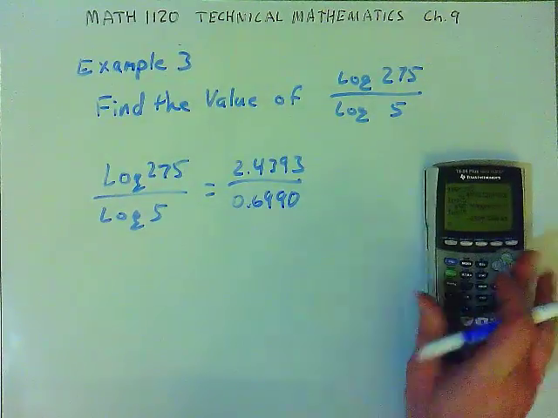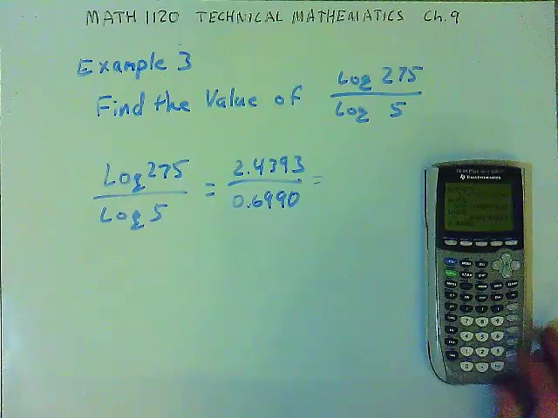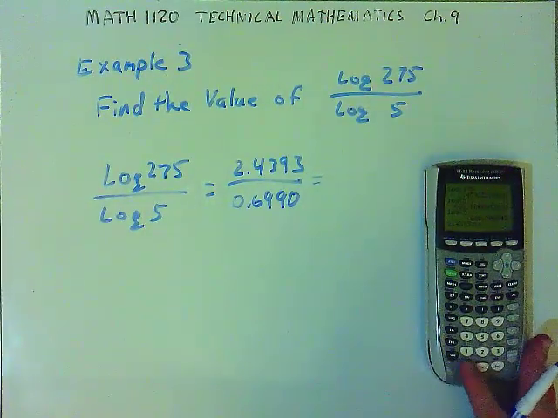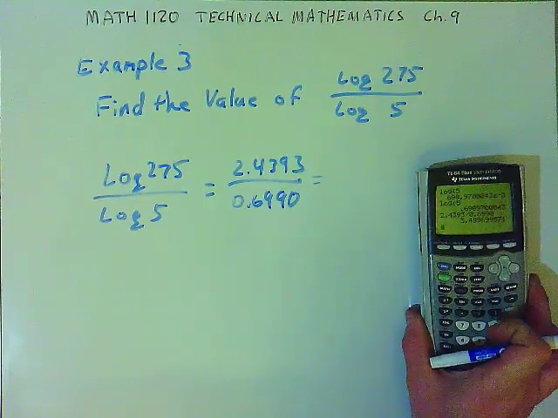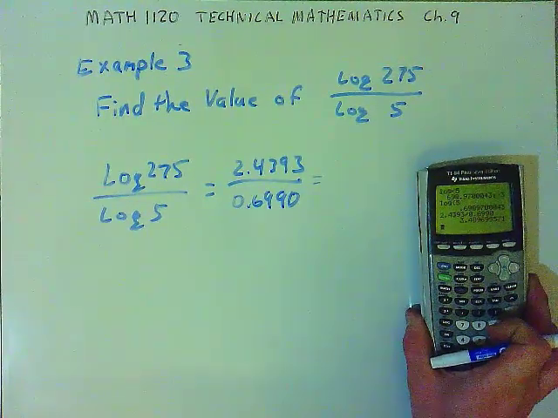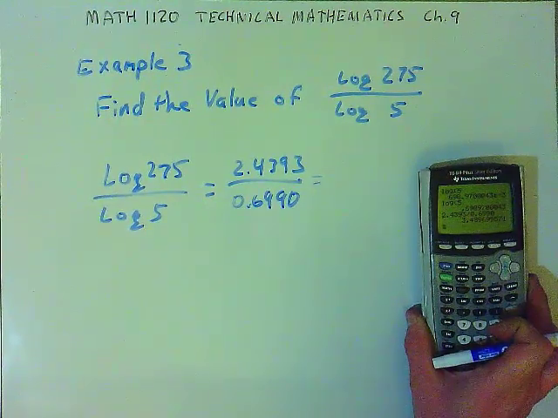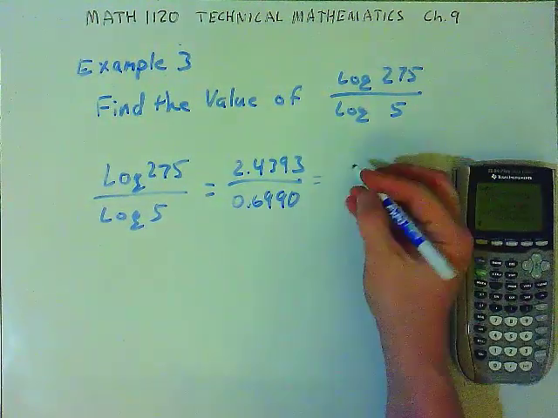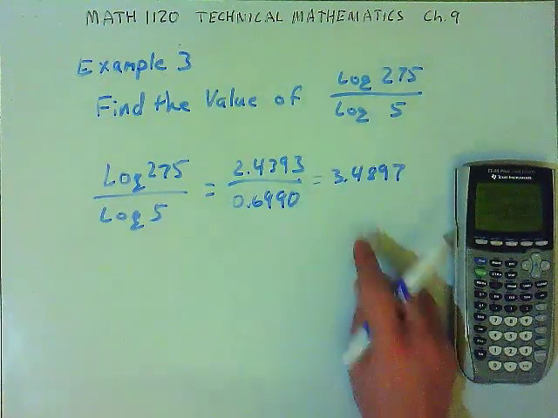And now we can divide. We'll take 2.4393 and we'll divide by 0.6990. And we get 3.4897. And that'll be the answer.